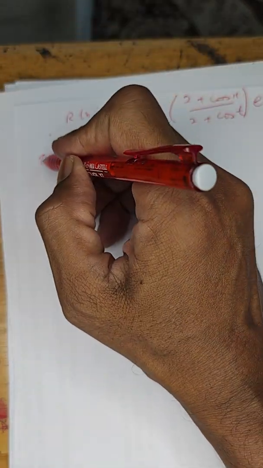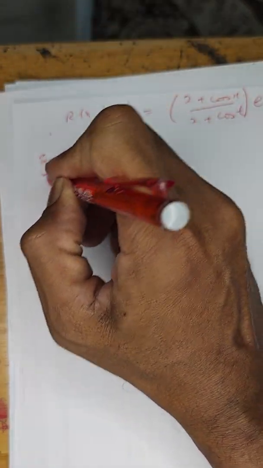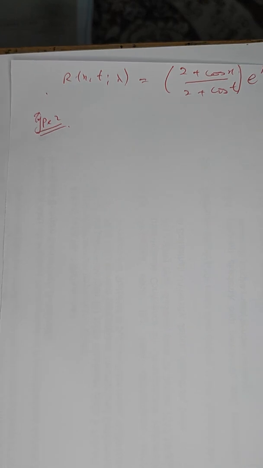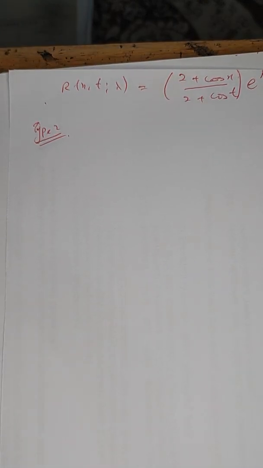So in the notes you can see written as type 2, just to make a difference from case one. The first case is that the integral equation depends very much on the boundary condition.